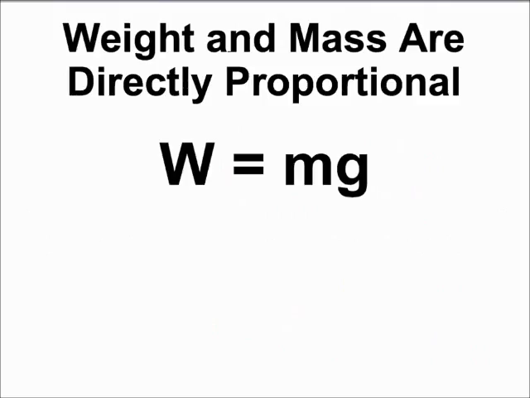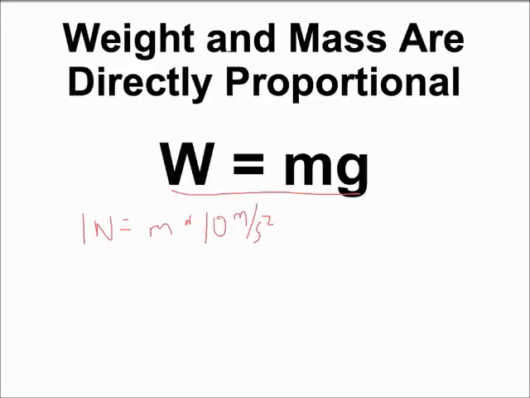So mathematically, how you'd express this for weight and mass being directly proportional is just like this. How can you tell that when weight goes up, mass also goes up? Well, let's just do a quick problem. Let's just suppose that you have a weight of 1 newton. What's the mass? Well, it's this.